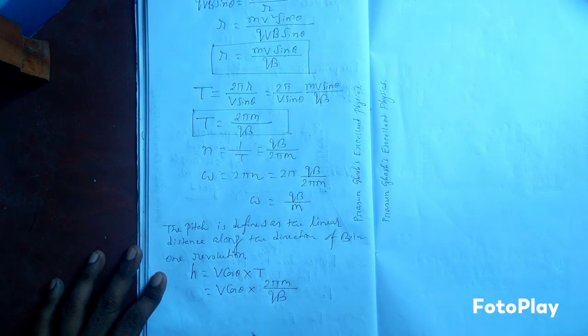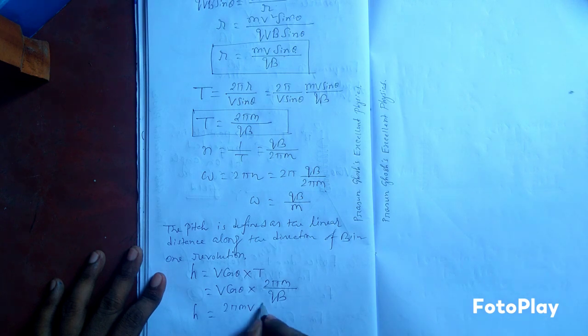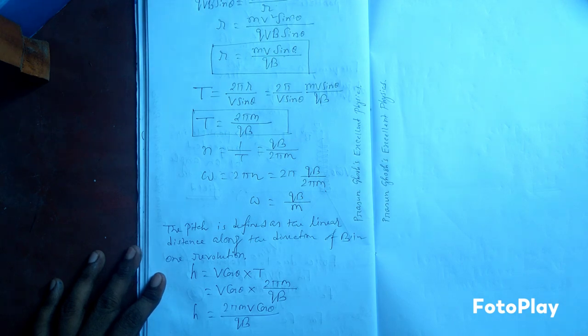So here h equal to 2 pi mv cos theta by qB. So this is the value of h.